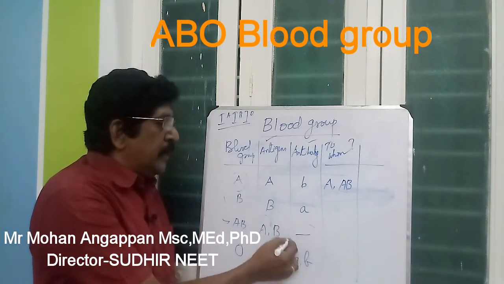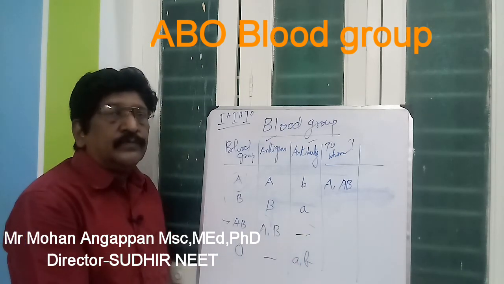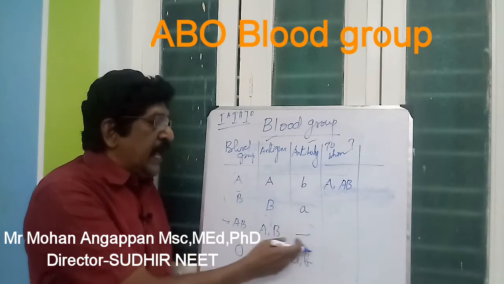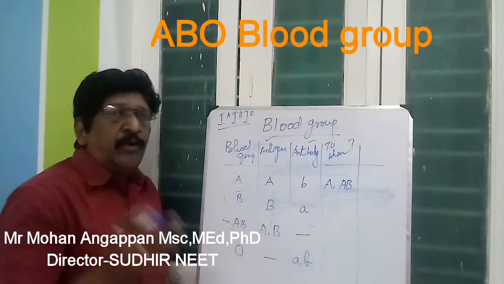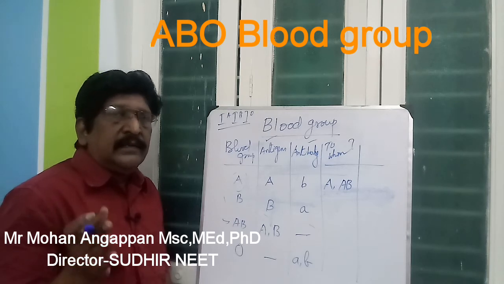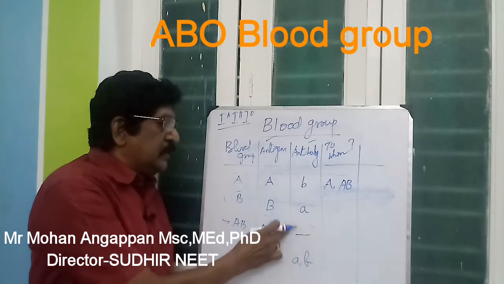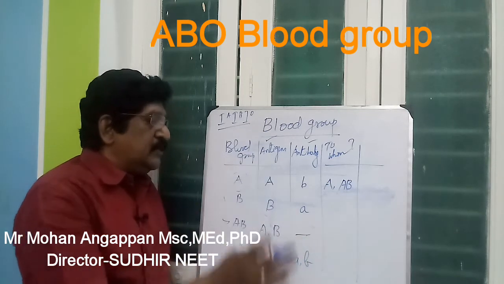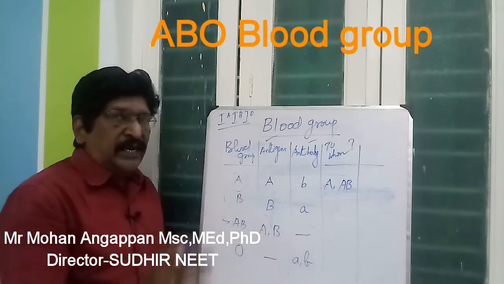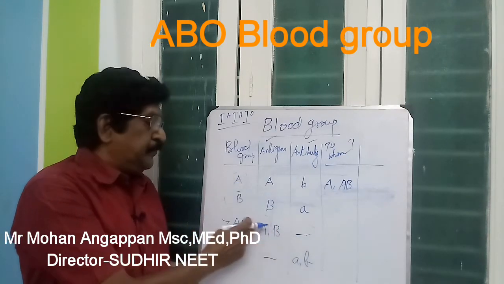There is no antibody at all here in the AB group. So there will be no reaction at all. If antibody is present in the recipient blood, only then the reaction will take place. So here in AB group, there is no antibody, there is no reaction, no agglutinization. So A can donate blood to AB.